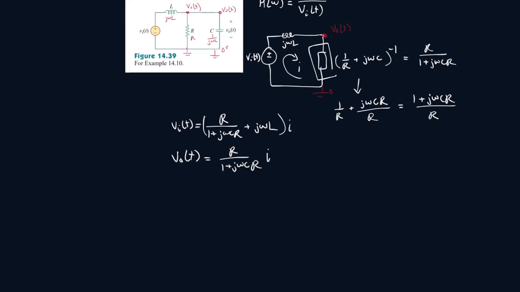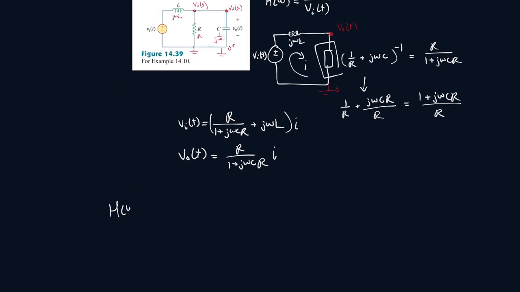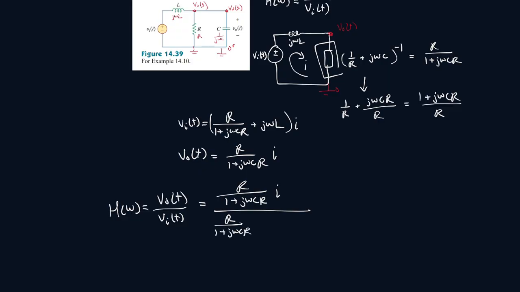Now we can find our transfer function, which gives us R over 1 plus jωCR times I, all over R over 1 plus jωCR plus jωL times I. This and this cancel each other out.